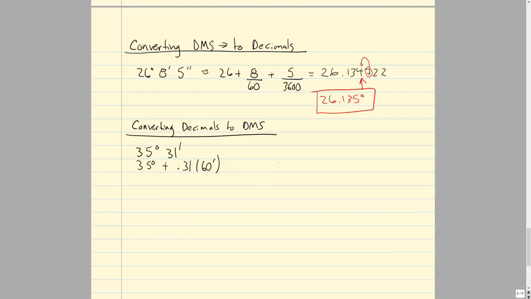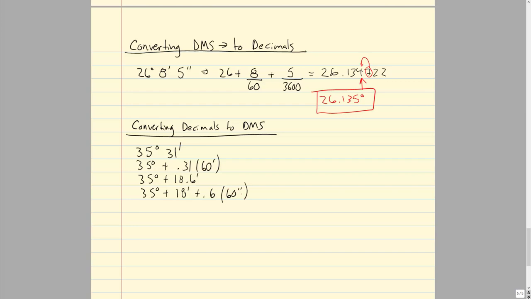Okay, so when we plug this into our calculator, I'm going to get 35 degrees plus 18.6 minutes. So this will break out into 35 degrees plus 18 minutes plus 60% or 0.6 of our seconds.